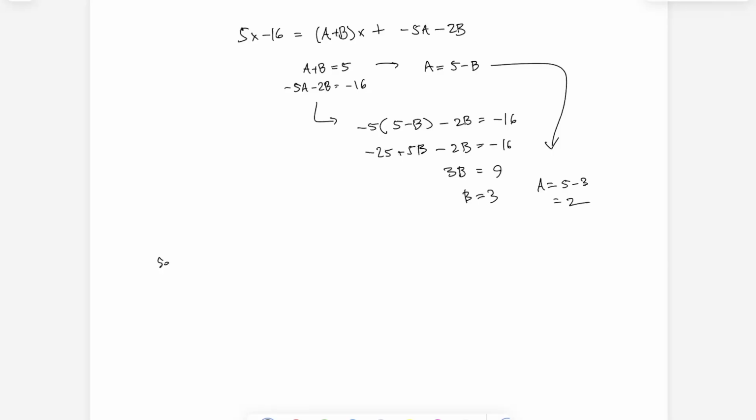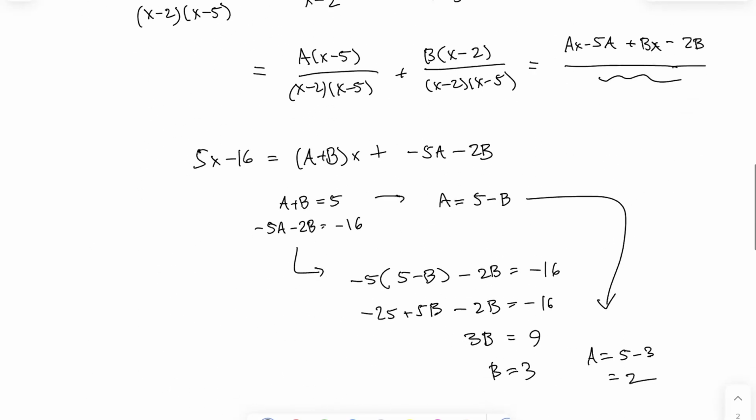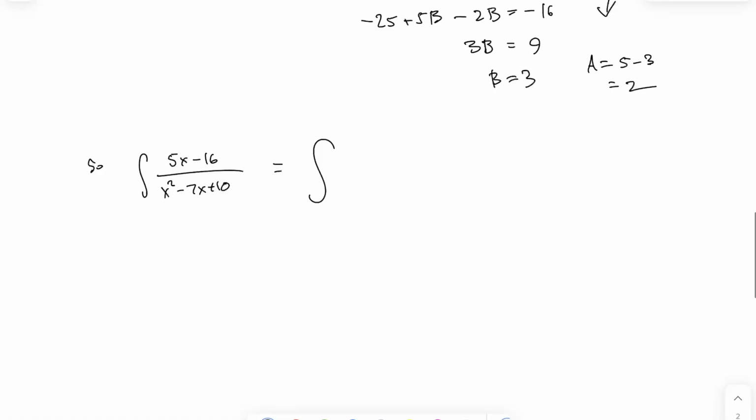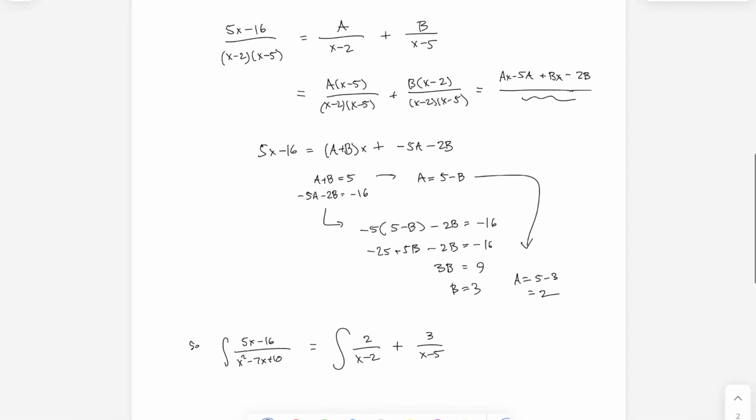So my original integral, 5x minus 16 over x squared minus 7x plus 10, is equal to the integral of, a was 2 over x minus 2, and 3 is the other one, over x minus 5. Make sure you put the a and the b in the proper spots, but I think I did.